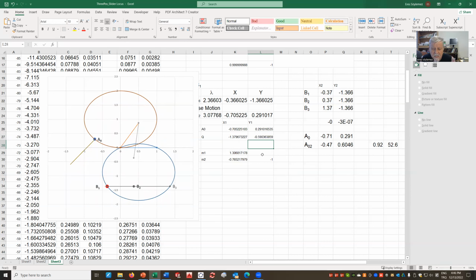That's it. And I will draw a line B0Q like this, B1Q, because I'm going to change that A0. Oh, yes, I can change that A0 right away. So I will do it like this.